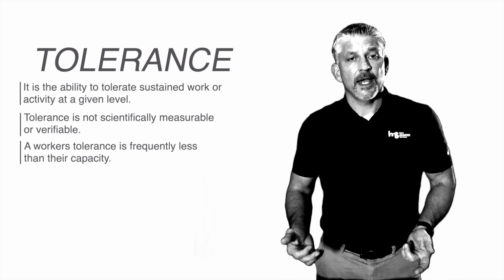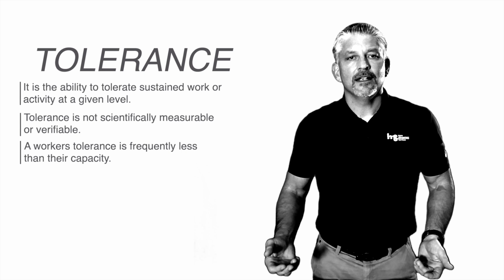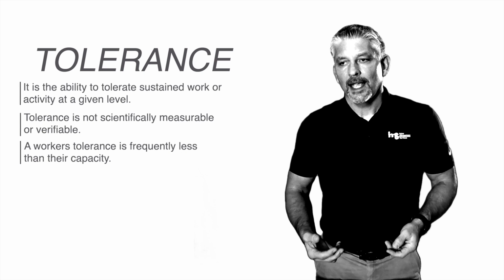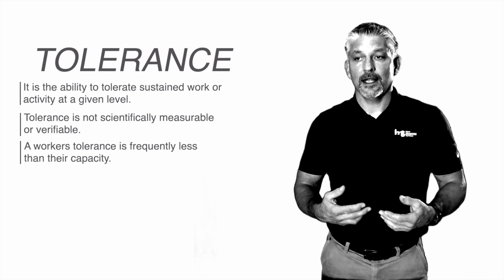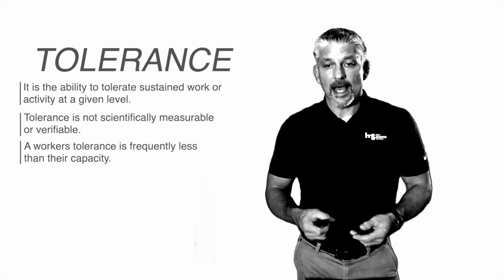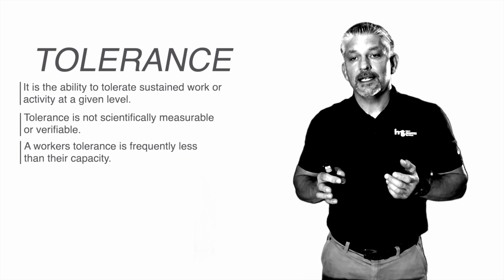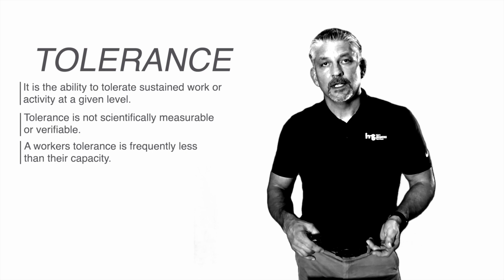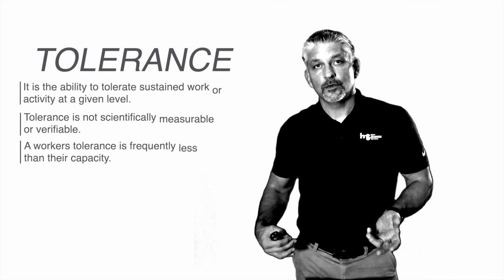They'll say 5 pounds. When we do their functional testing, they may lift 50 pounds. And some of this may be that, hey, they've not attempted it, they may be scared. I really don't know all the reasons, but 90% of the time, the person's description of tolerance is way less than their functional ability.